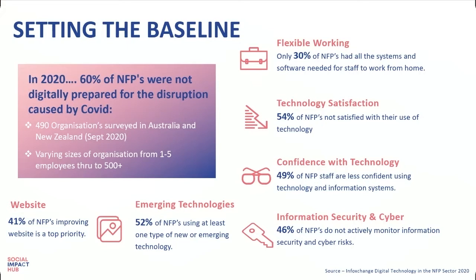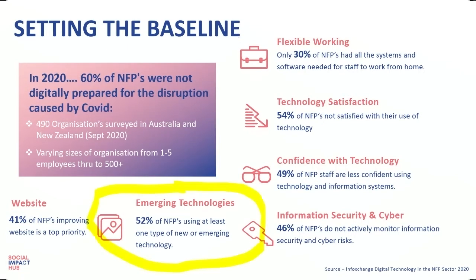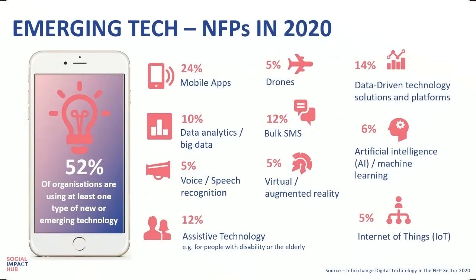And the figure I'd really like to draw your attention to, because we're going to talk a lot more about this in this session, is the emerging technologies. 52% of the 490 not-for-profits in Australia and New Zealand were using some component of emerging technologies. So let's just explore that area. When I first saw this figure, I thought that 52% was quite high until I understood what was actually going on underneath the number.